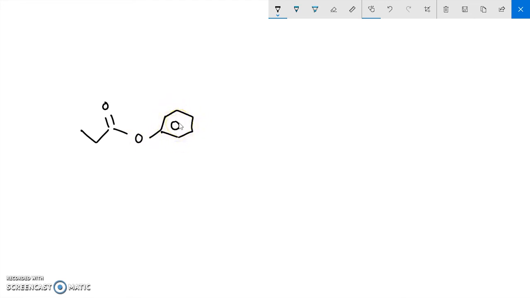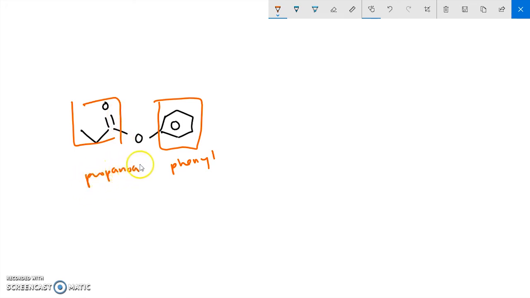This compound is named phenyl propanoate because the alcohol part is represented by the benzene group, which we treat as phenyl, while the other side, having 3 carbons from the carboxylic acid part, is considered propanoate. So the name will become phenyl propanoate.